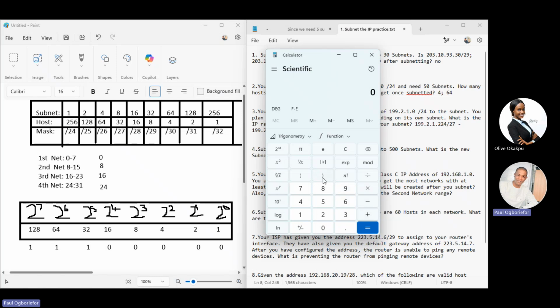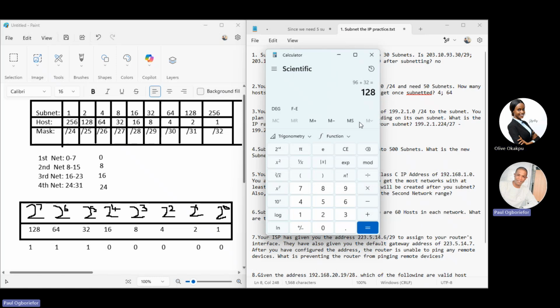So I'll just do the third one, or the host ID rather, 64 plus 32. This is for the third one, right? Then I'll do plus 32 again, which is what?